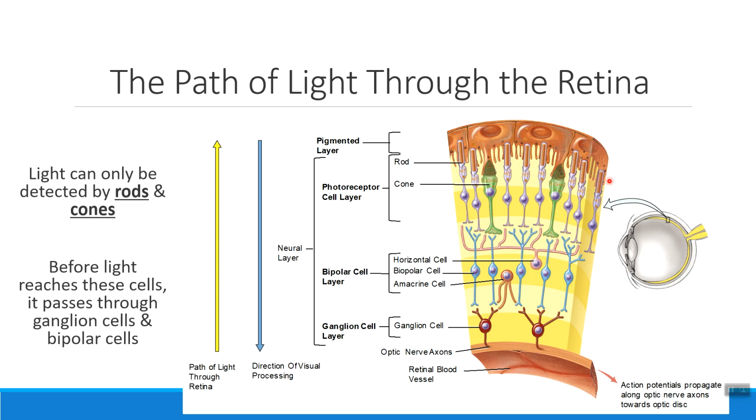Once the rods and the cones have detected those light waves, they'll send that information to cells like bipolar cells that we see here, or horizontal cells that we see here. The bipolar cell layer is my first layer where I summarize information. So imagine that I asked every single one of you, what's your favorite kind of pizza?